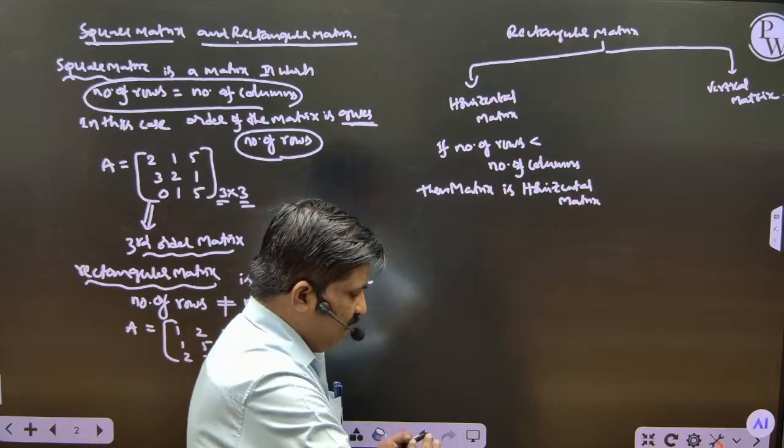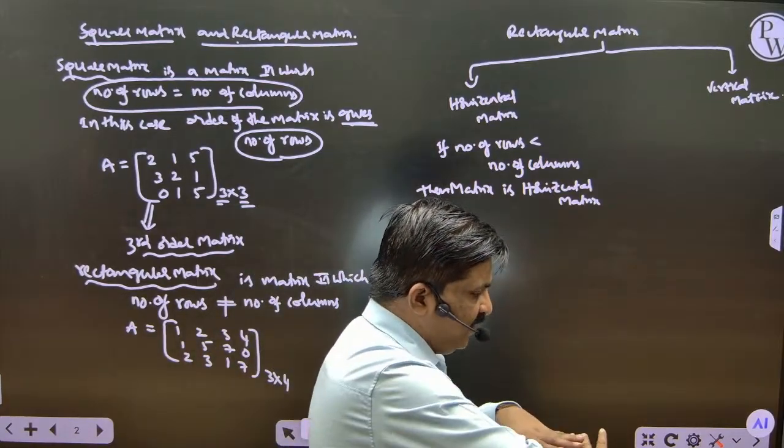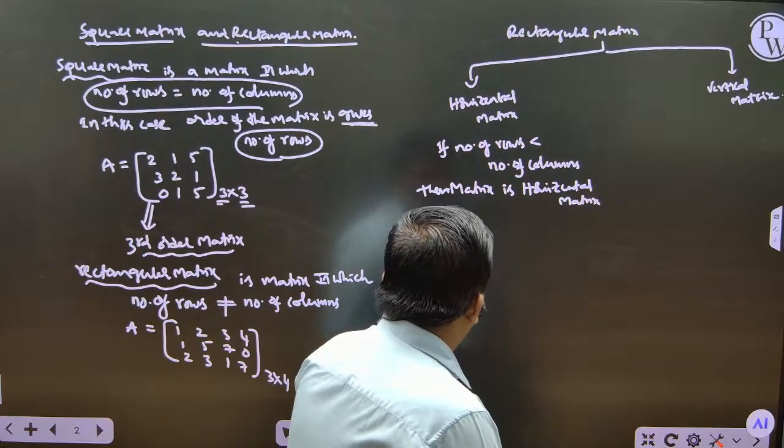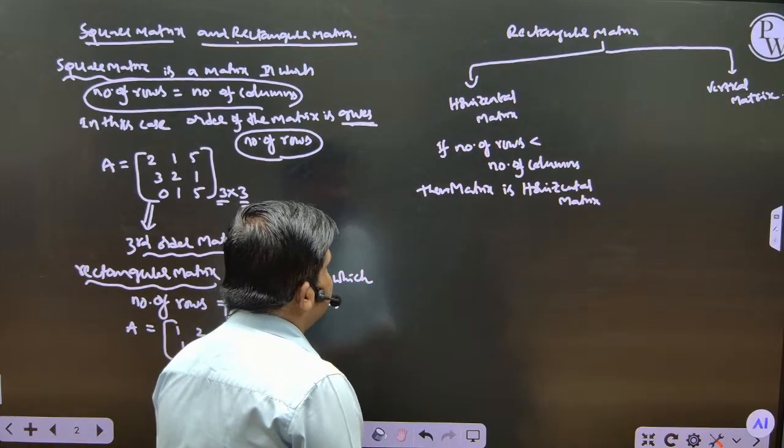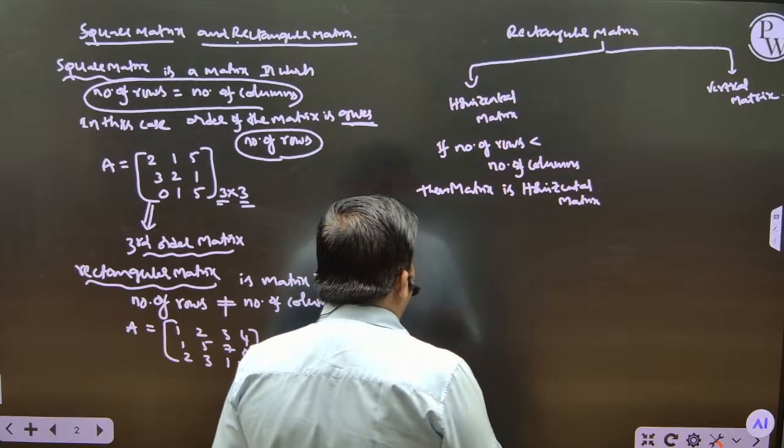Rows are fewer, but columns are more, so this is a horizontal matrix. If the number of rows is less than the number of columns, then the matrix is which matrix?